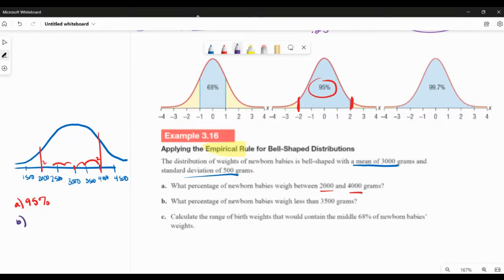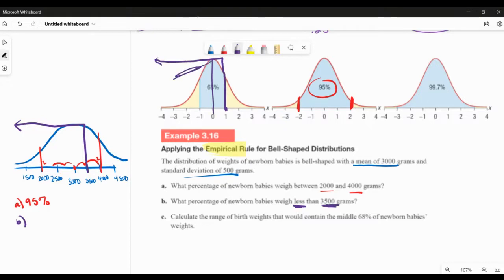For question B, what percentage of newborn babies weigh less than 3,500? Now I'm going to go right here, and I want to find all the area under the curve to the left of 3,500 because of this word right here, less. That is 1 standard deviation away from the mean. So I need everything here and over.